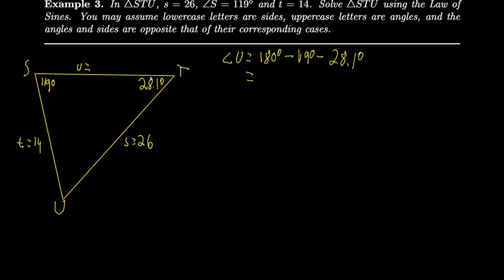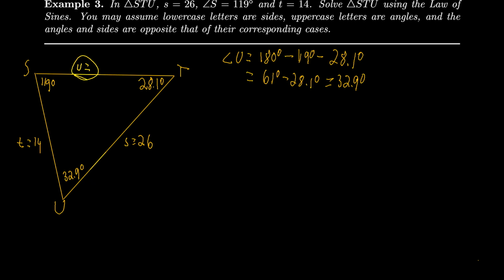So if we go through and do that, 180 minus 119, if you want to do this in your head, is 61. 61 degrees minus 28.1 degrees. Okay. And then you go ahead and do the 61 minus 28, and then minus the 0.1. So it's going to be something like 32.9. So 32.9 degrees. And we're going to write that up right here.